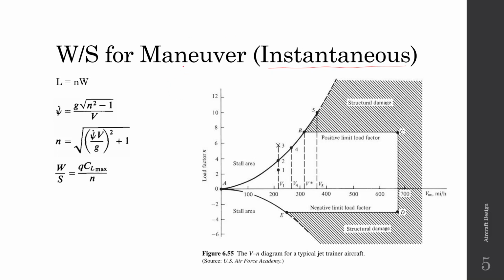Usually when we talk about maneuvers, we talk about some kind of turning. Turns can be classified into two types: one is instantaneous, and the other one is sustained.